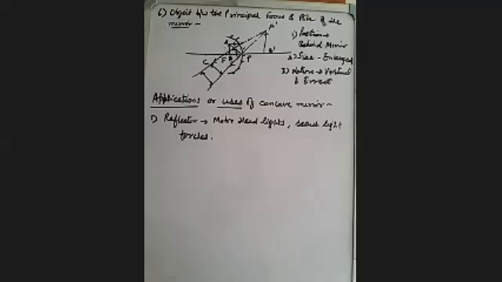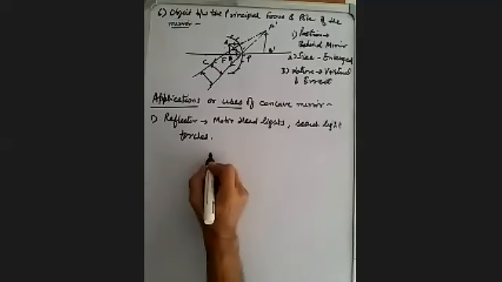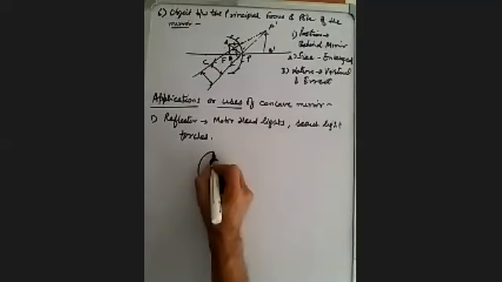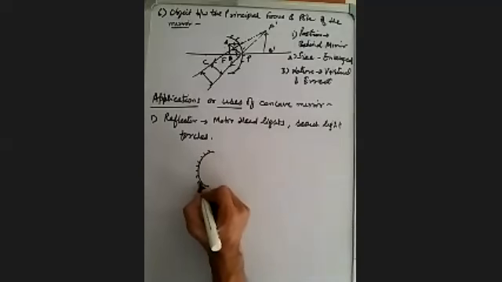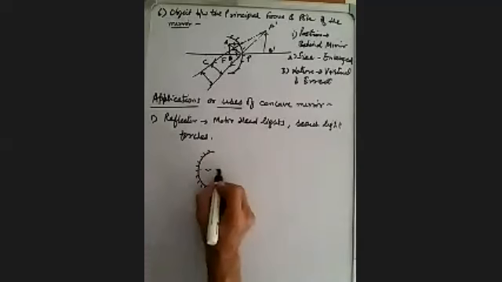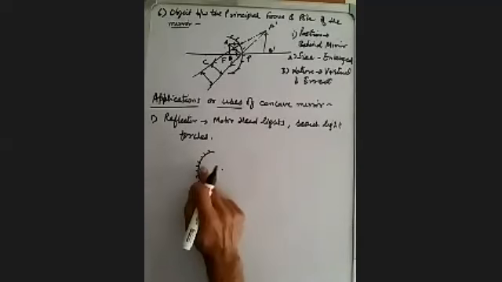So how does it do it? It is fixed in the headlight, or torch, in such a way that the bulb is placed at the principal focus.